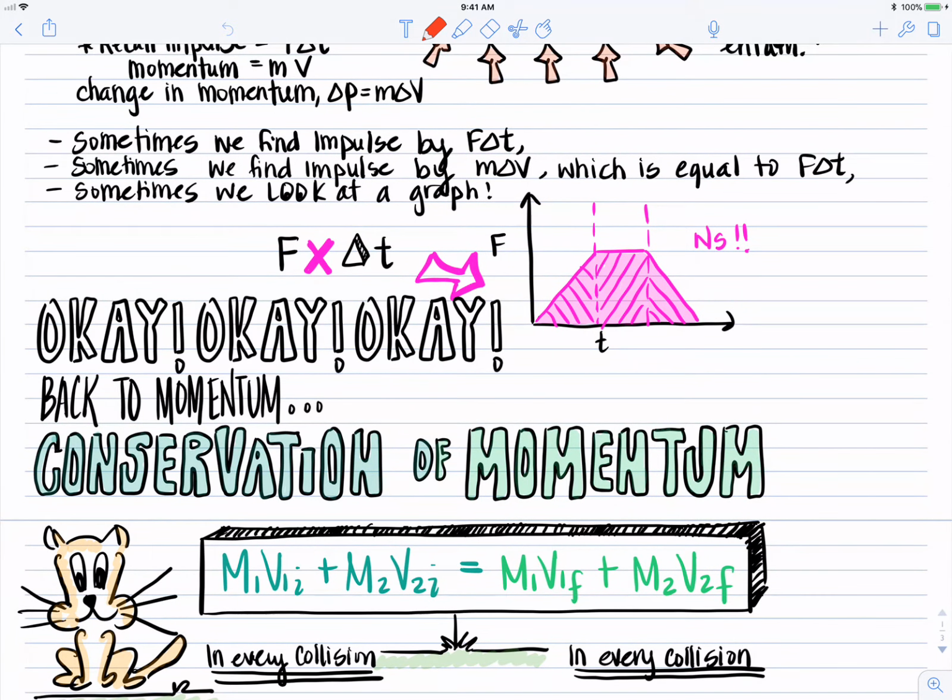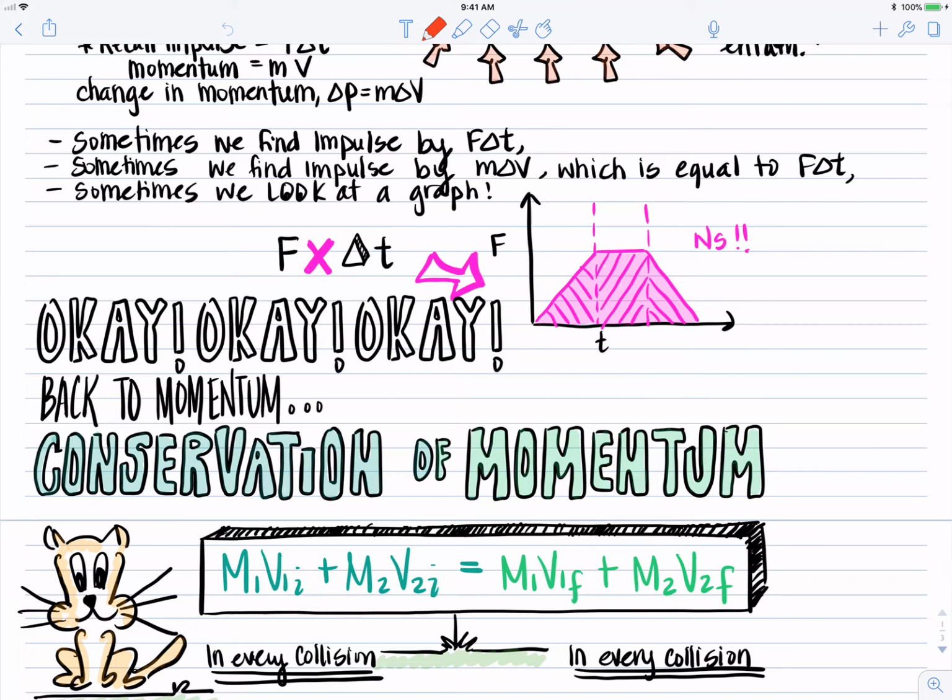So then we saw further in our chapter that we have something called conservation of momentum, or that the momentum of a system before a collision is equal to the momentum of a system after the collision. Now remember that the system can either be one object or it can be two objects. When it's two objects, you have to add up the momentum of each of those objects.